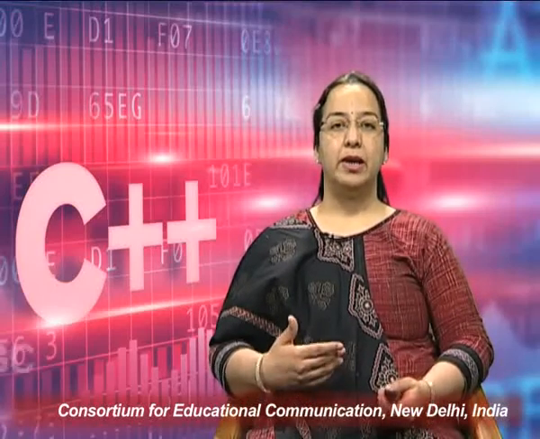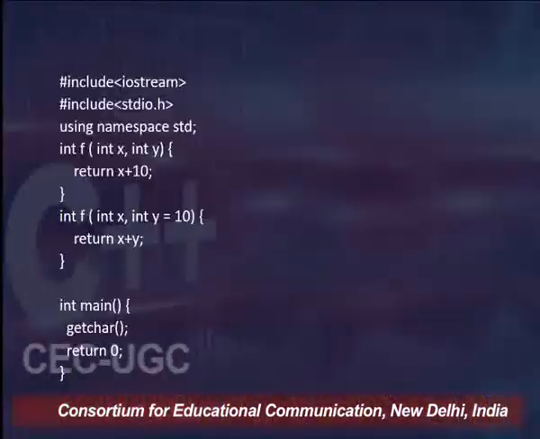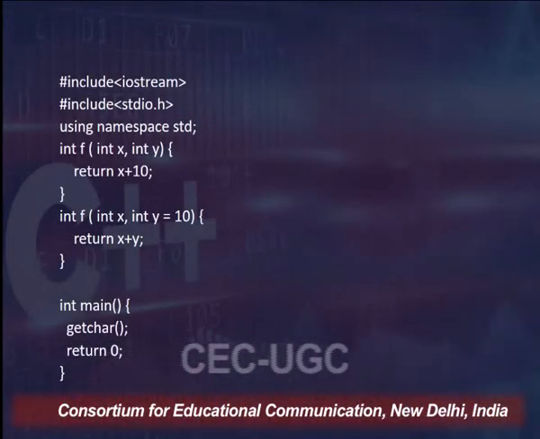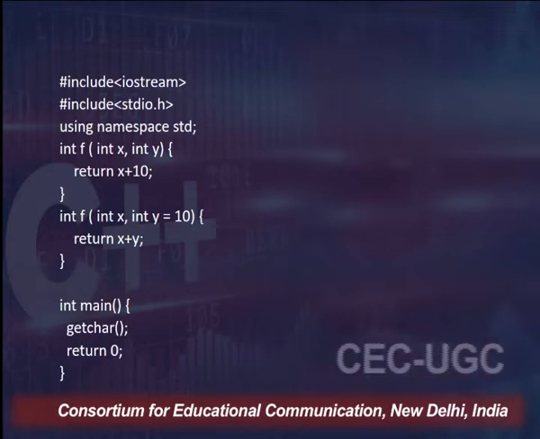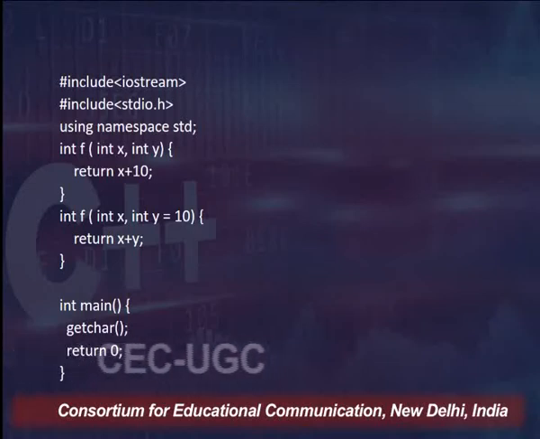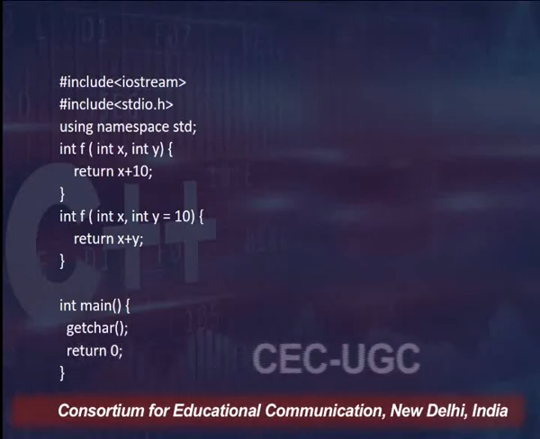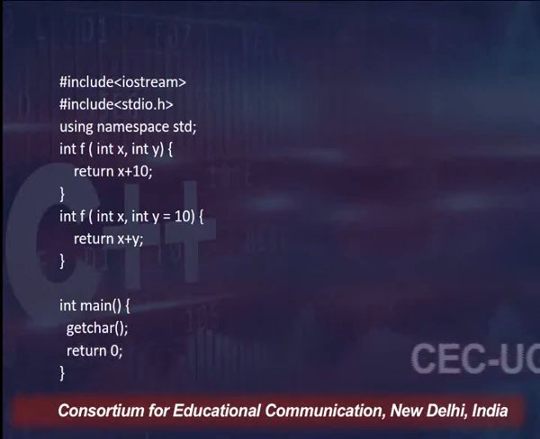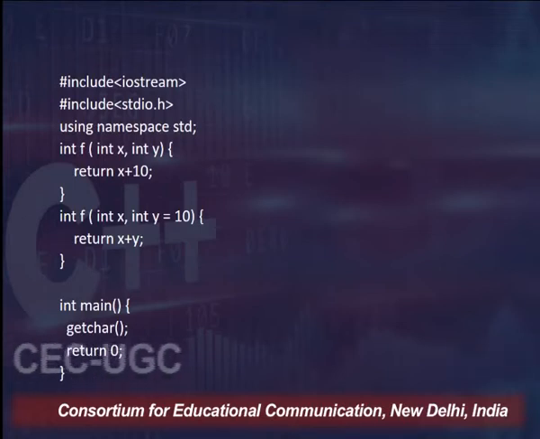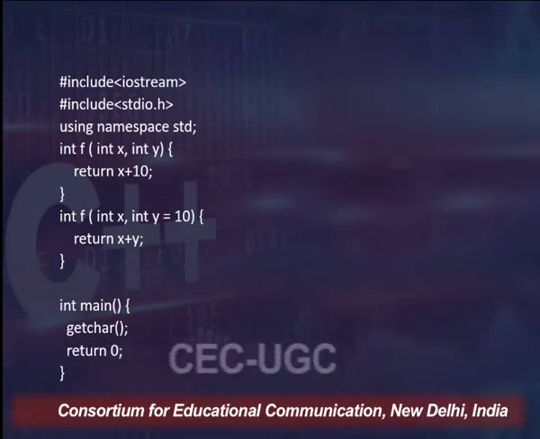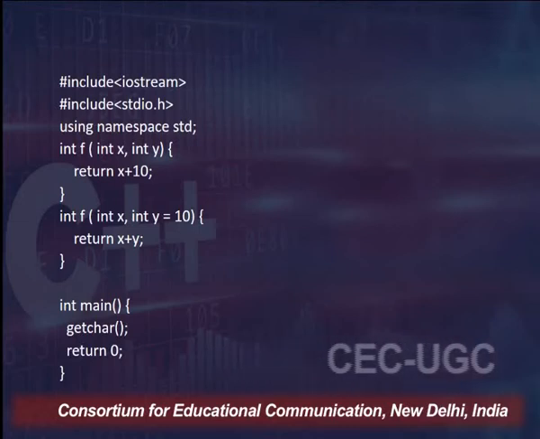Now how? Let's see. Here we have a function named f. It has two parameters, integer x and integer y, and it returns an integer value, which is x plus 10. So what is passed in x will be incremented by 10 and returned.